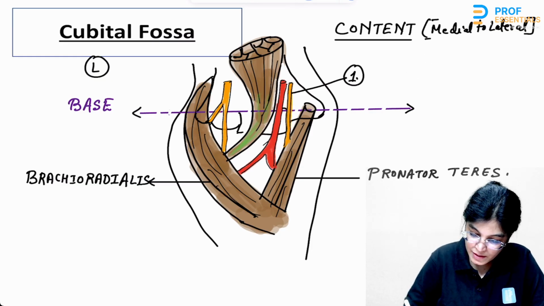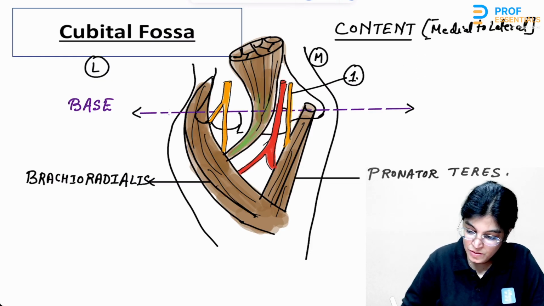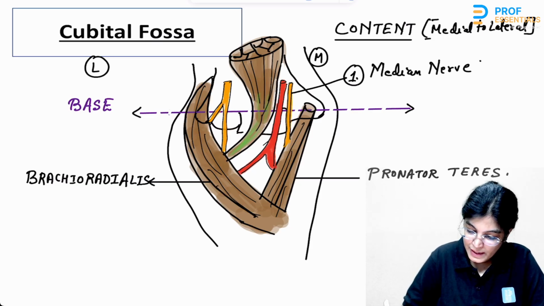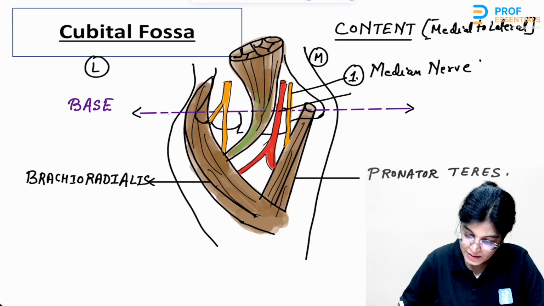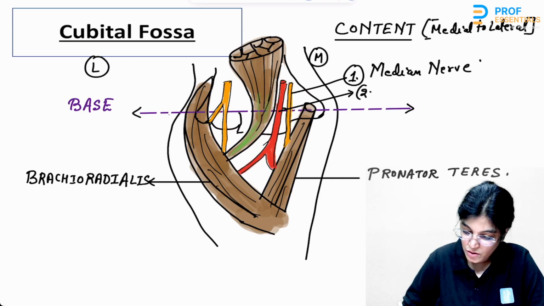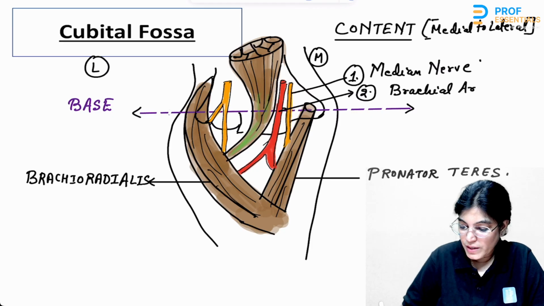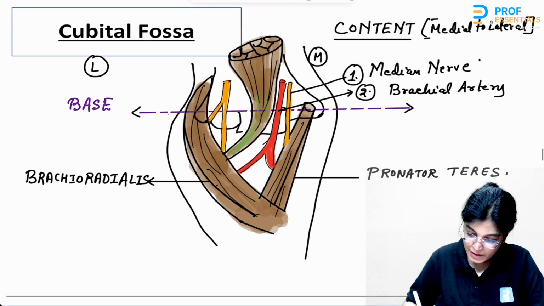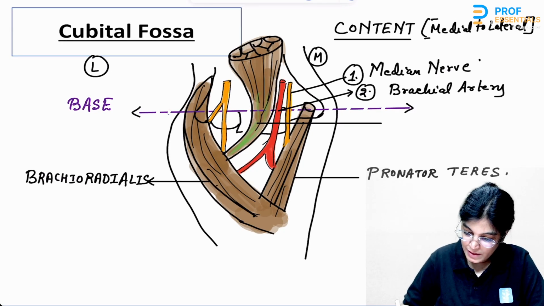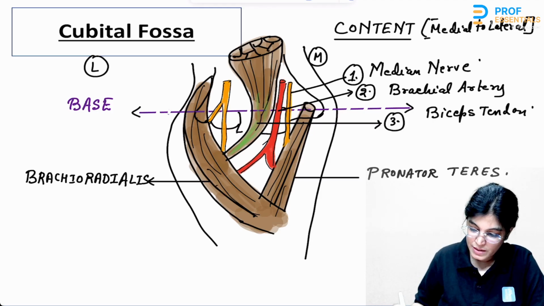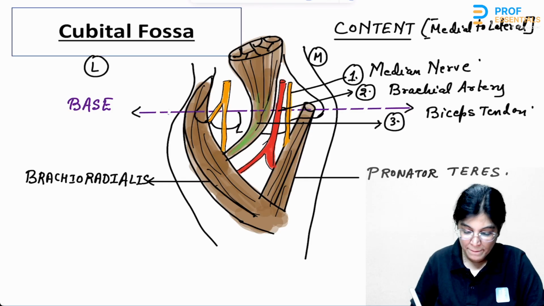You can write here M. So the first content is median nerve. What is the second content? The second content is the brachial artery, which is dividing into radial and ulnar artery. The third content is the biceps tendon. And which is the fourth content? The fourth content is the radial nerve.